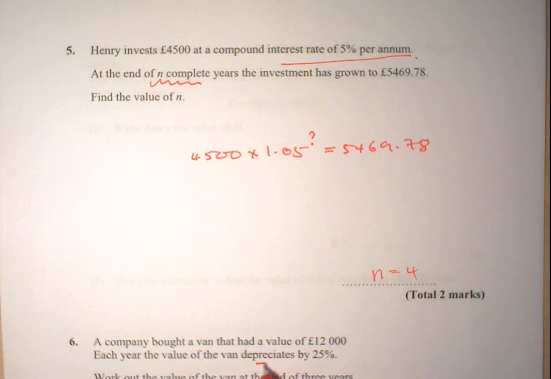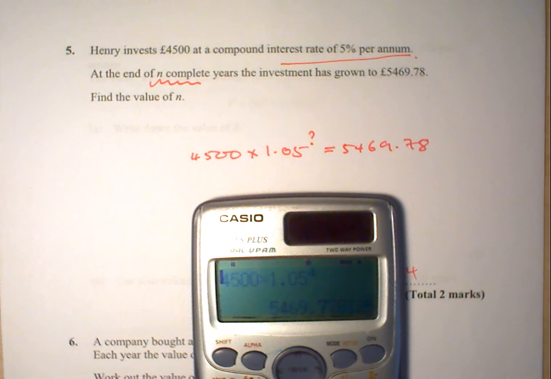Next, a depreciation of 25%. A company bought a van that had a value of 12 grand, and it's going to lose 25% each year. And it does it for 3 years. So I just need to go 12,000 times 0.75 to the power of 3.